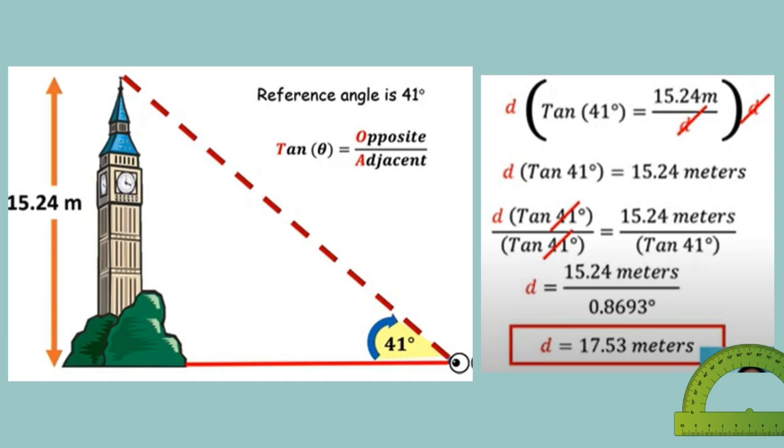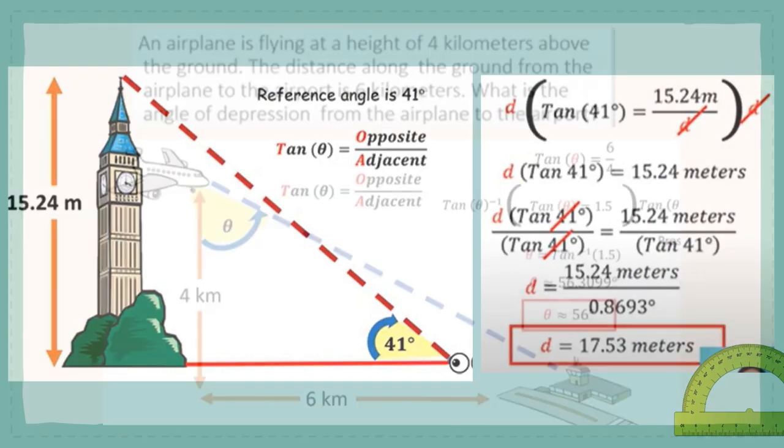Our opposite is 15.24 meters and our adjacent is unknown. So tangent 41 degrees is equal to 15.24 meters over the adjacent, so the adjacent is 15.24 meters over tangent 41 degrees, which is 0.8693. So our distance will be 17.53 meters.